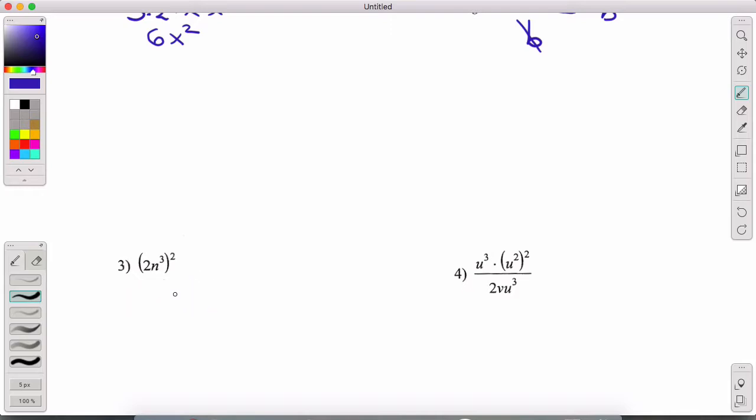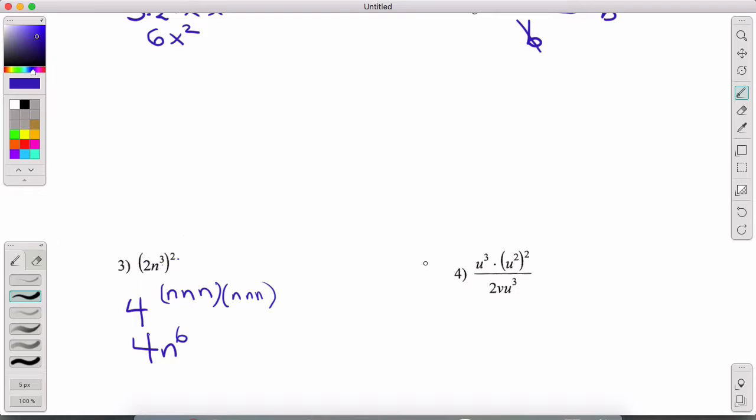To show you that in a cleaner way, 2 to the second power and 3 n's also to the second power. So altogether, they're 6. So for my final simplified answer, 4n to the 6th power.